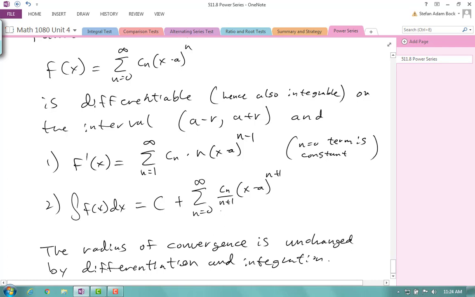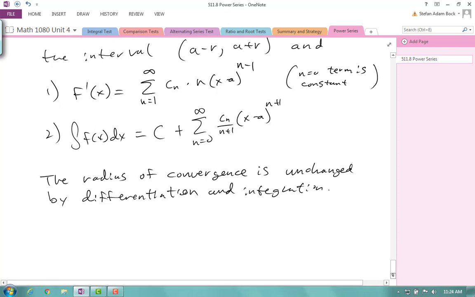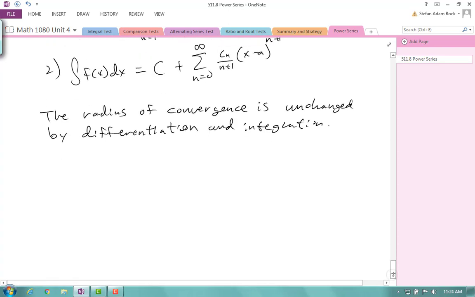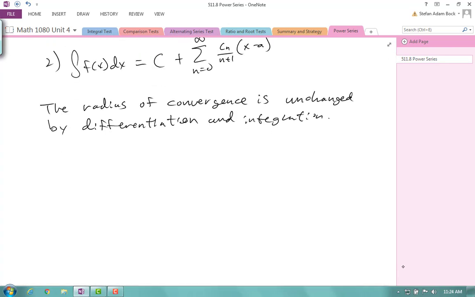So it's just the power rule again. And the great benefit here is that the radius of convergence is unchanged by differentiation or integration. The reason I care about this is it increases just a little bit the number of functions that I'm able to easily represent as a power series.